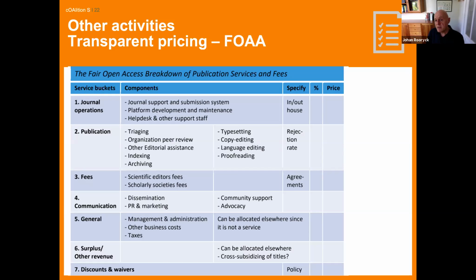So these are the kinds of things that we want transparency for. This then allows researchers and libraries to compare across publishers eventually, and to see where the best price, the best value for price lies. And we also hope that this will restart competition in this important area.